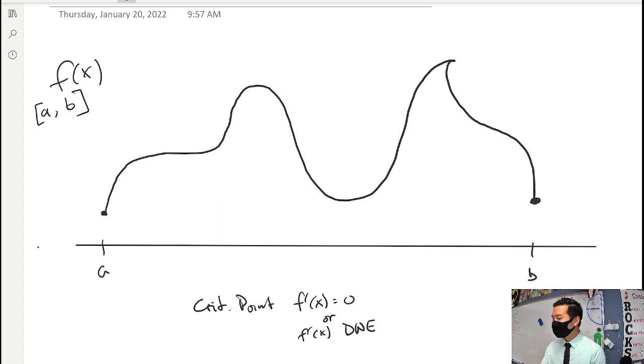All right. Can you see at least one critical point? Can you see at least two critical points? Can you see three critical points? Can you see the fourth one?